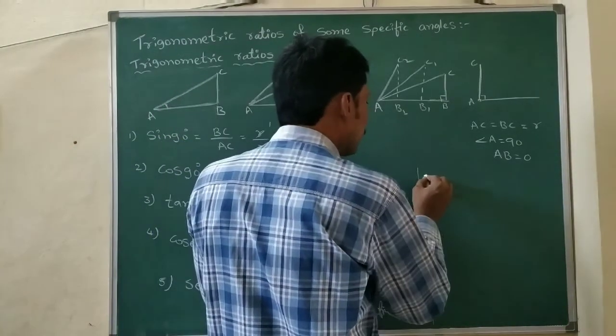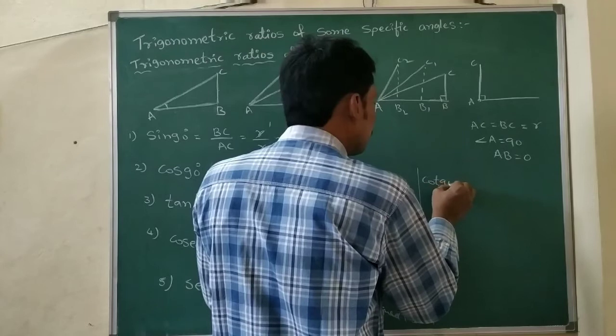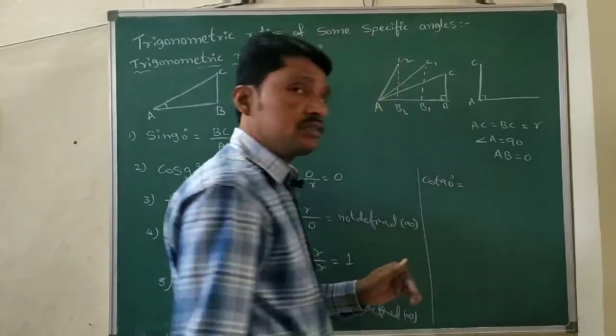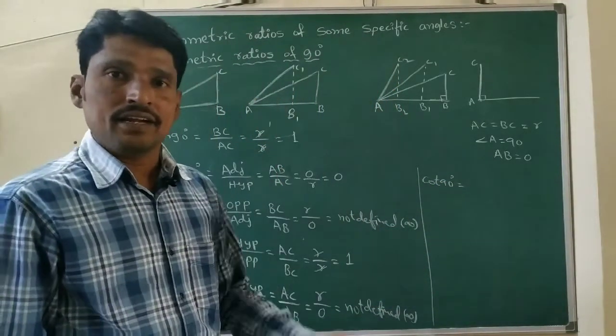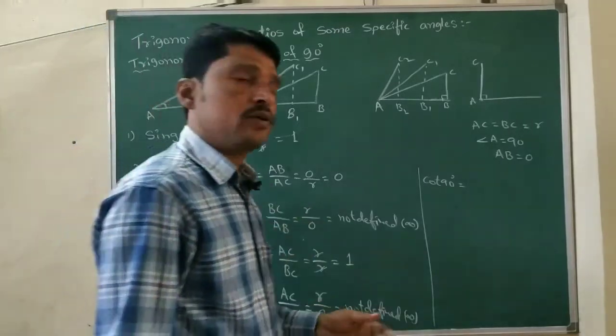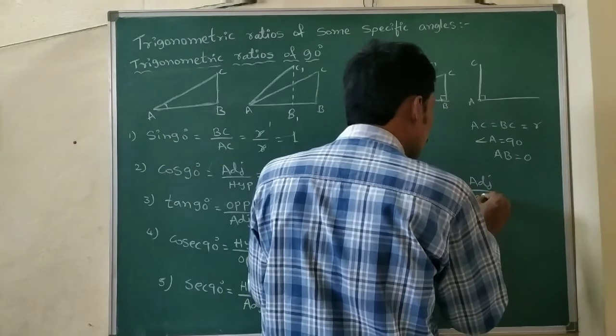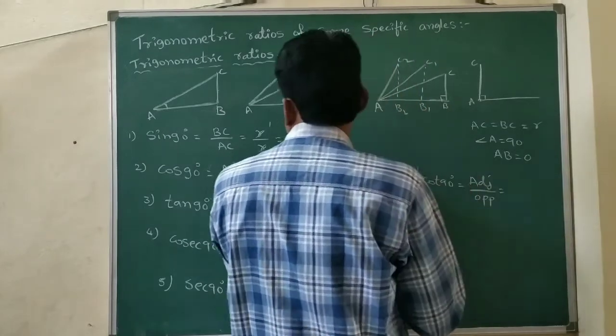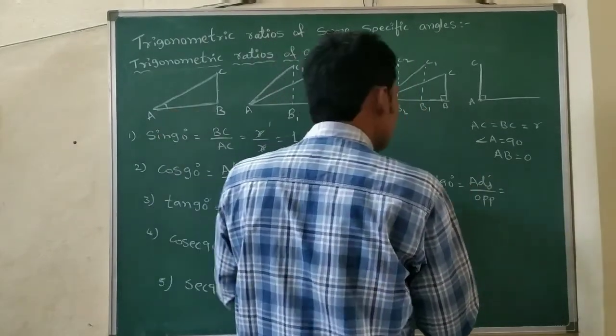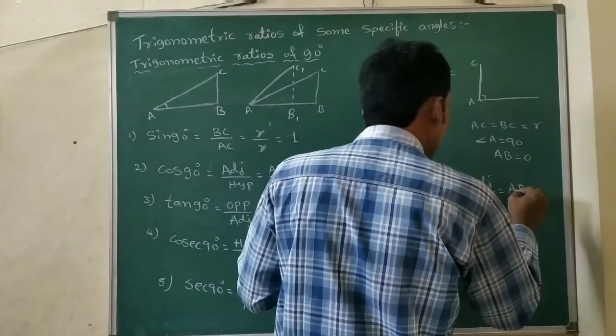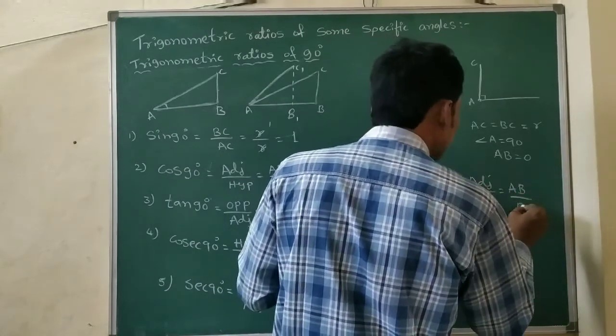Next, the last one, cot 90. What is cot? Adjacent side to the angle by opposite side to the angle. Adjacent is AB, opposite is BC.